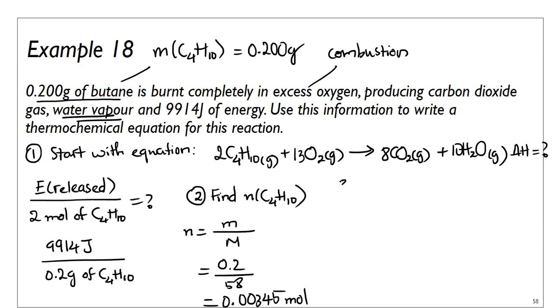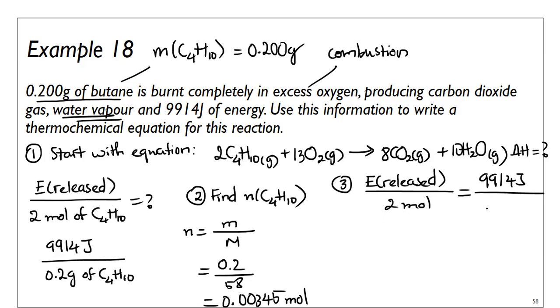So now I can change my ratio to E release, which is what I'm after to get the delta H value, per 2 moles is equivalent to 9,914 joules per 0.00345 mole.